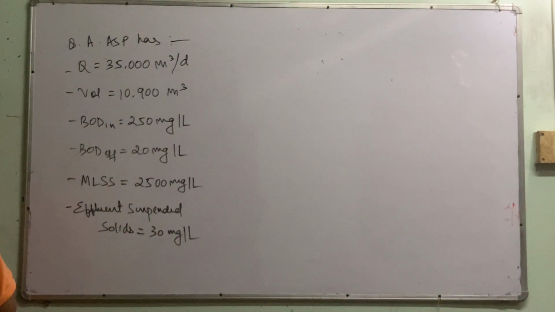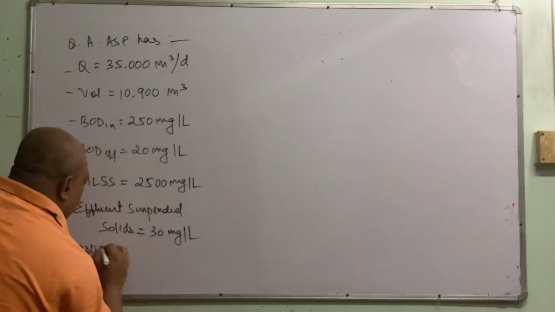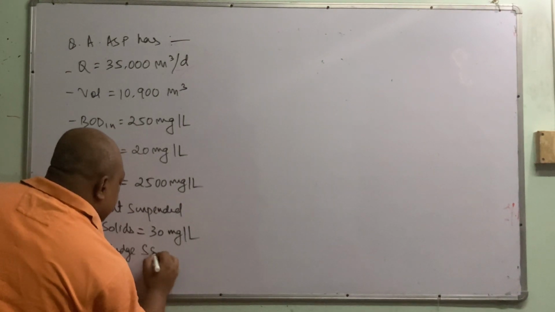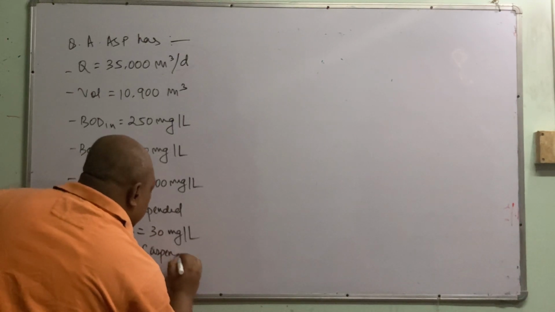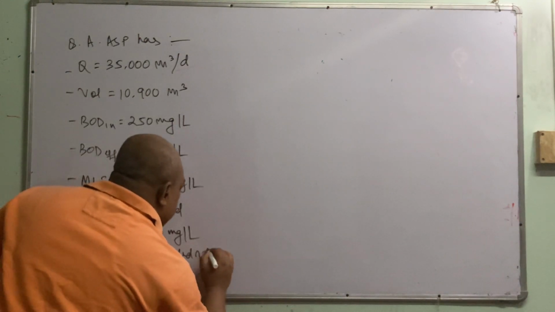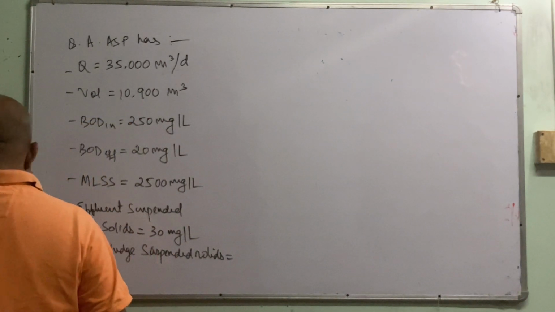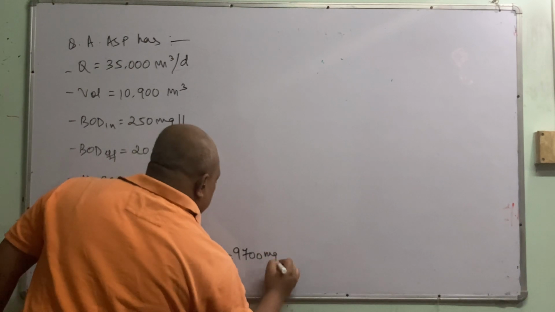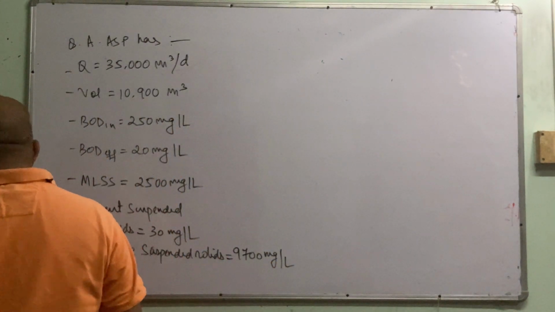Waste sludge suspended solids is equal to 9,700 milligram per liter. After doing the numericals, most of the concept will be clear.